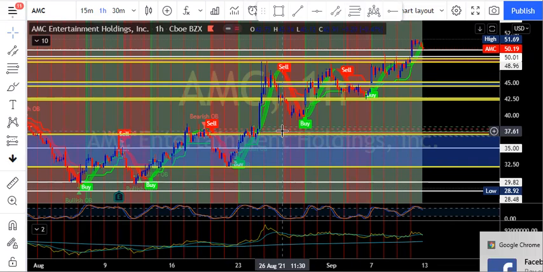How far up it goes all depends on the back of the apes, whoever's holding the shares. If we continuously hold, price can accumulate to well over 1,000. I've seen people say 10,000. I've even seen people say it could reach 100,000 a share. So that's free game for you guys.